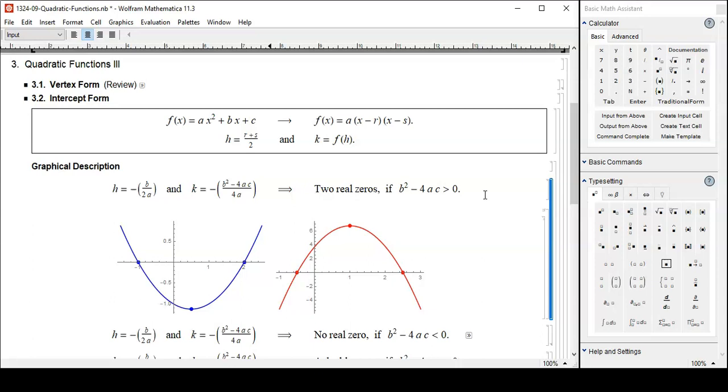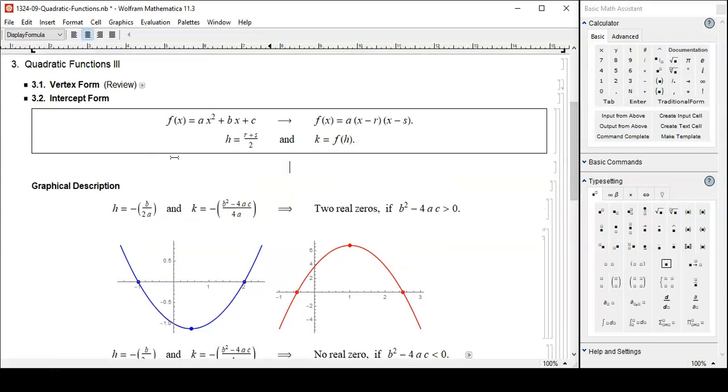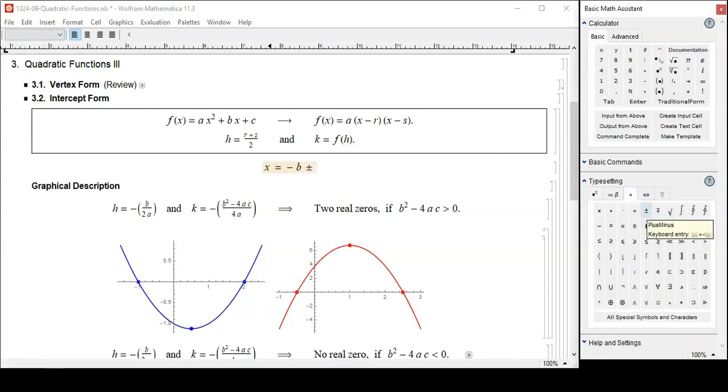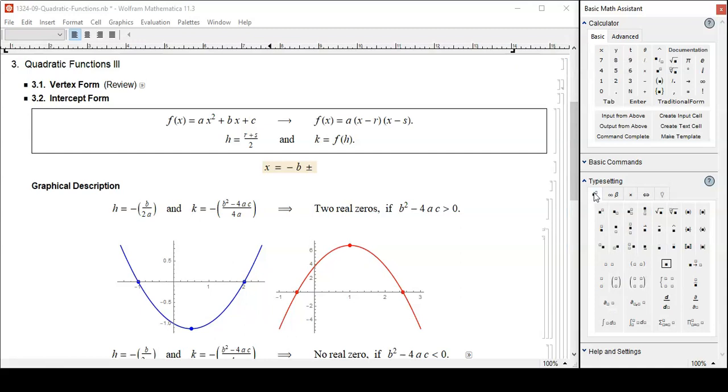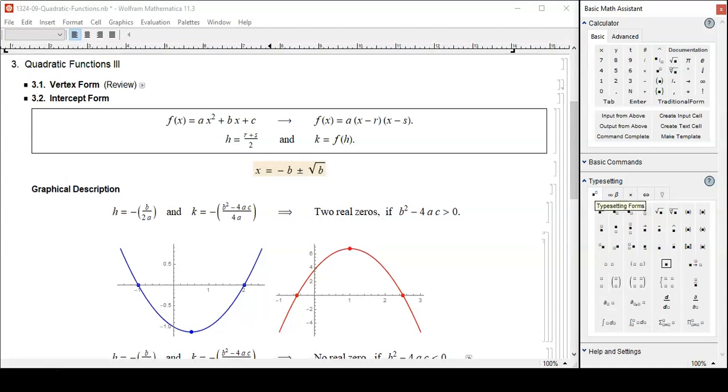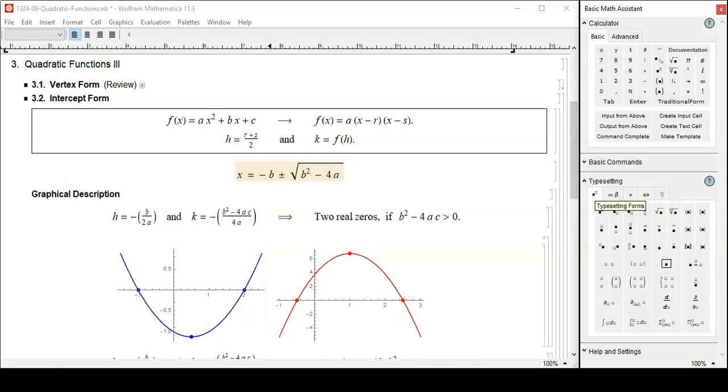And no surprise there. Do you remember the quadratic formula? b squared minus 4ac is inside of the square root. So that square root is well defined, so that we have plus or minus square root. x is negative b plus or minus square root of b squared minus 4ac over 2a.